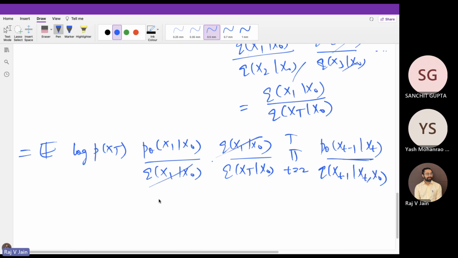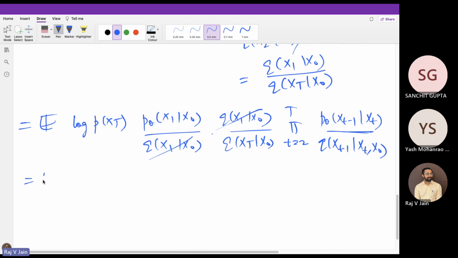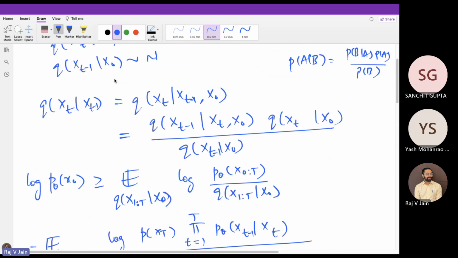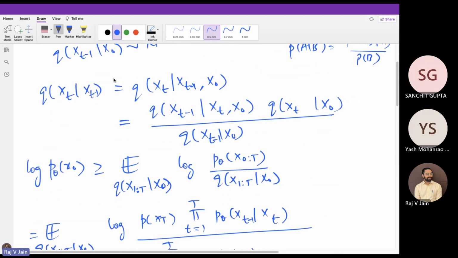These two can get cancelled. Very simple. It turns out to be the same form. The first two terms again come back, right? So what we have is p theta, log, and log q(x1 | x0). I can always define the conditional in the other way, right? In the q space, in the q Markov chain, look at the previous one.